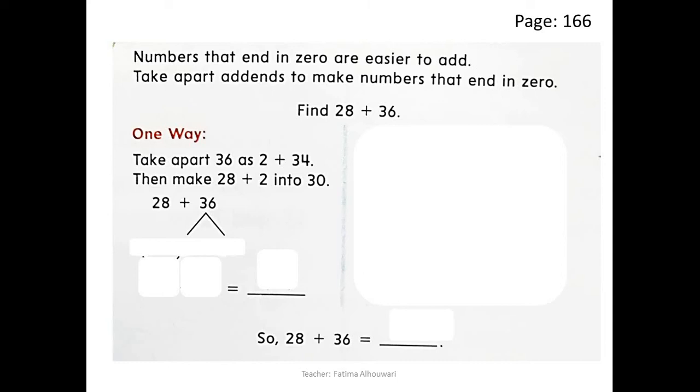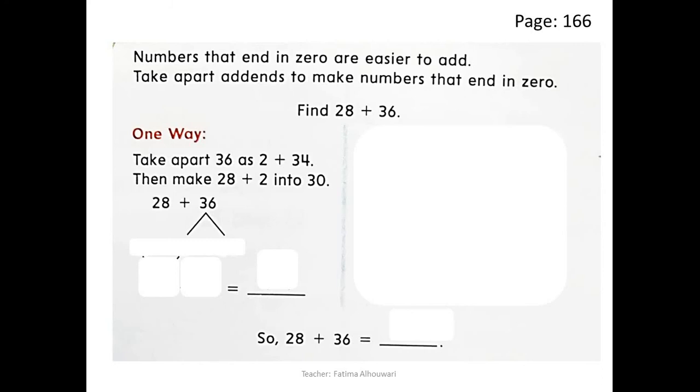Let's see the next page. Page number 166. Here we have another example. 28 plus 36. How can we add these two numbers? Again, we would like to make a 10. We can make a 10 out of 28. The closest 10 to 28 is 30.